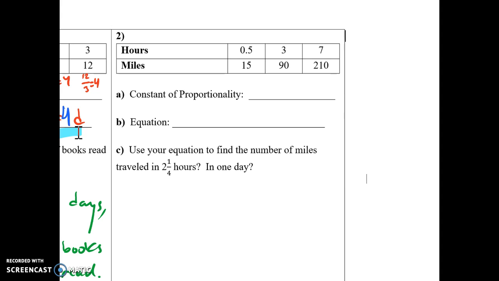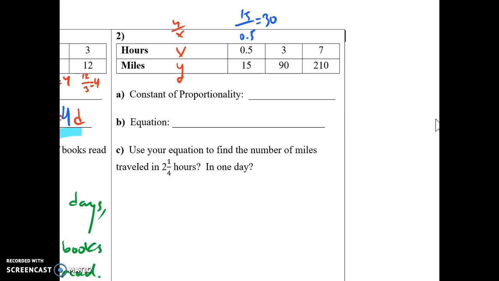Now, to find our constant of proportionality, we need to find y over x. So let's check. Our hours is going to be our x. The miles is going to be y. For our first row, we're going to have 15 over 0.5, which is 30.